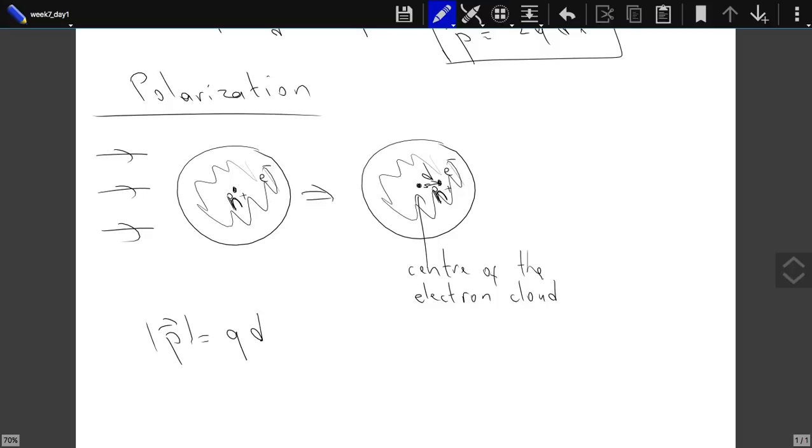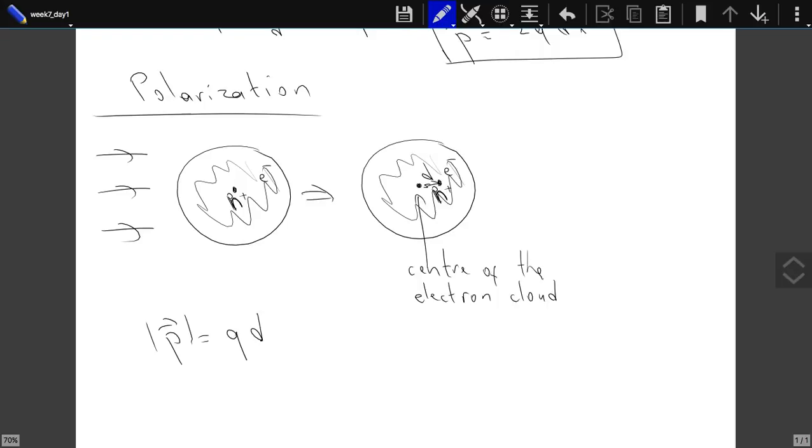So when the nucleon is at the center of the electronic cloud, typically there won't be any force acting on, the net force acting on the nucleon due to the electron will be zero. But as the nucleus is shifted from the center, there will be a force acting on the nucleus due to the electrons, plus there is this external force, and they will be shifted relative to each other until these two forces balance each other.